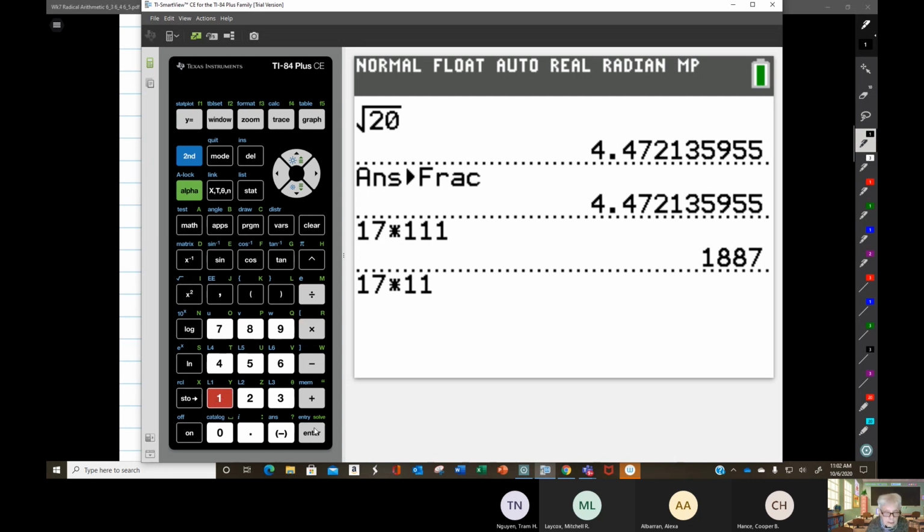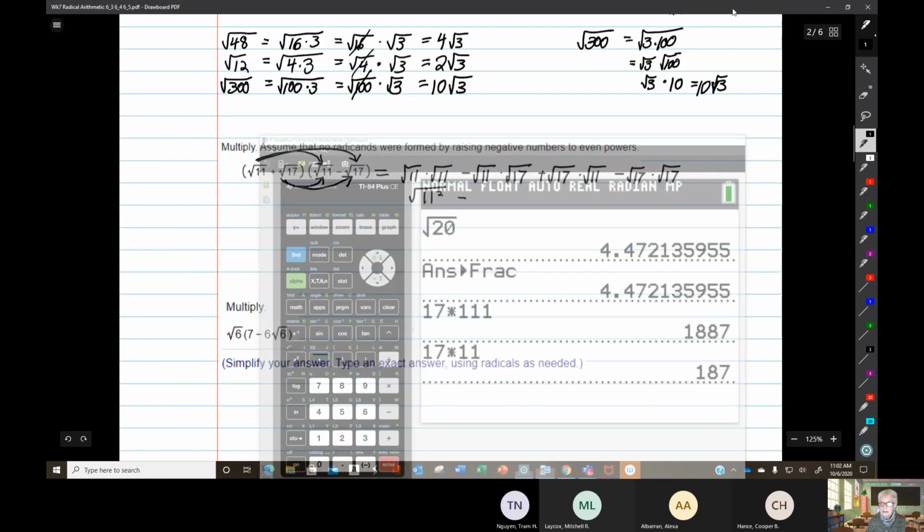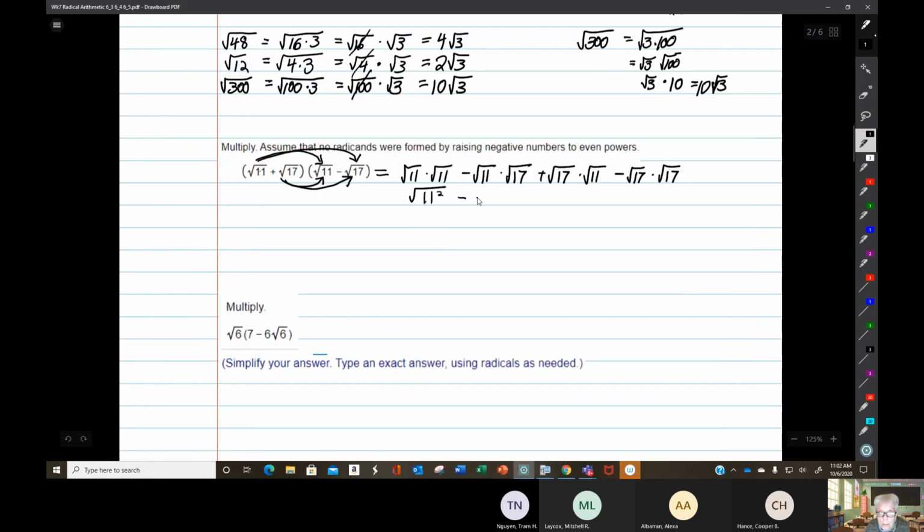There. 187. Okay, so minus the square root of 187 plus the square root of 187 minus the square root of 17 times 17, which is 17 squared.